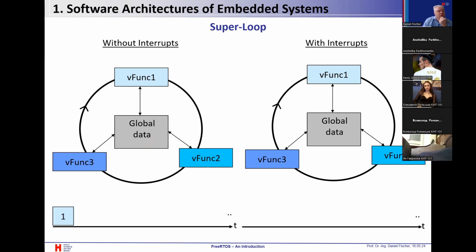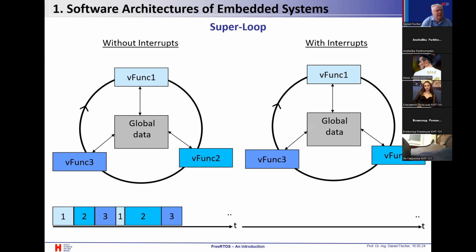It's very, very simple. You can see now here on the timeline, function 1 is executed, function 2, function 3, okay. And then it starts again, function 1, function 2, function 3. What happened here? You can see function 1 is executed a little bit shorter.